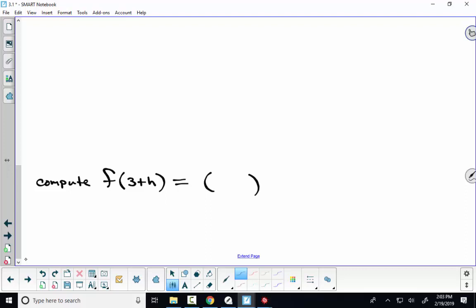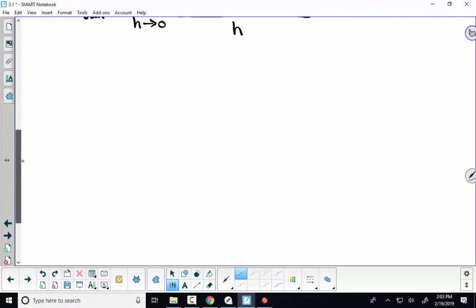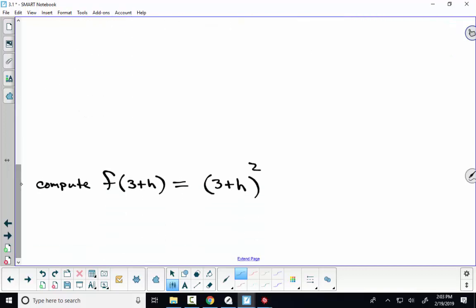Okay, let's see if that's right. So we're just plugging 3 plus h into the function. Our function was, what was it, x squared minus 5? So yeah, our function takes the input, squares it, and then subtracts off 5. So we get 9 plus h squared, and we have 6h.